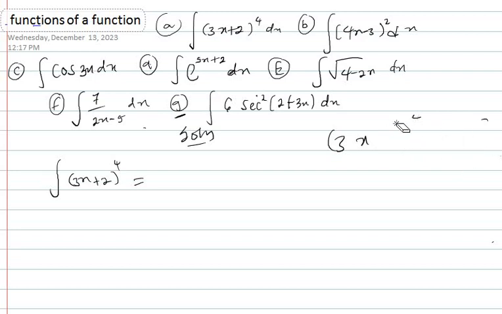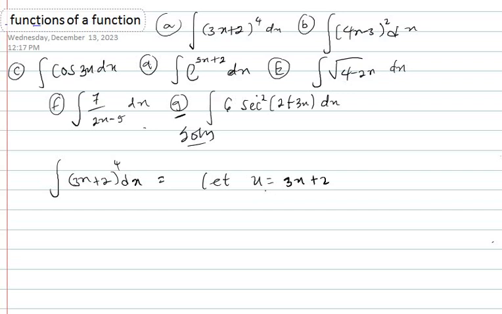All you need to do is let this linear expression be equal to a certain alphabet or certain number. So we can let u be equal to 3x plus 2, with respect to x.